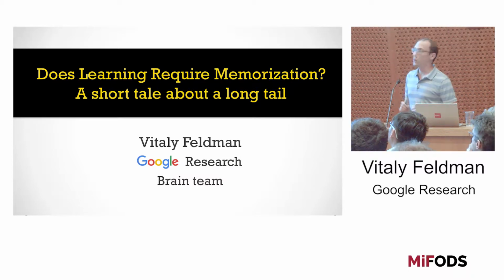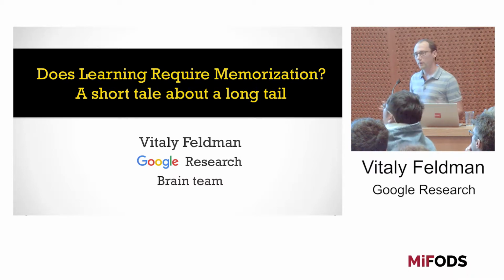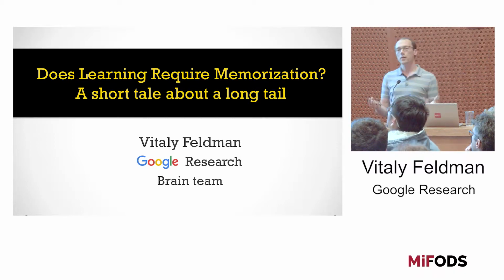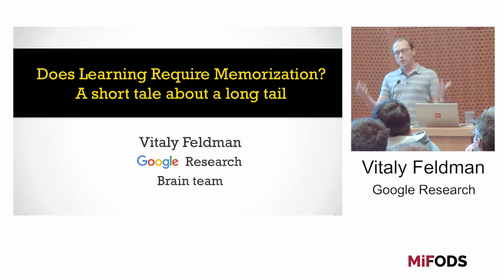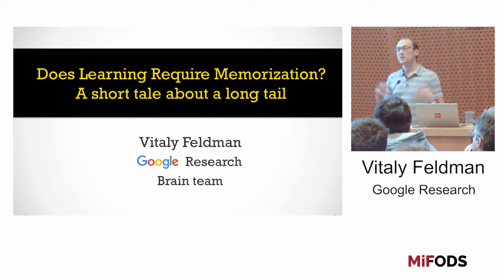Let me also briefly mention that in addition to intellectual reasons to answer this question, there are also more practical ones in the context of privacy. You can think for a second about training a model on sensitive user data, such as their health records.